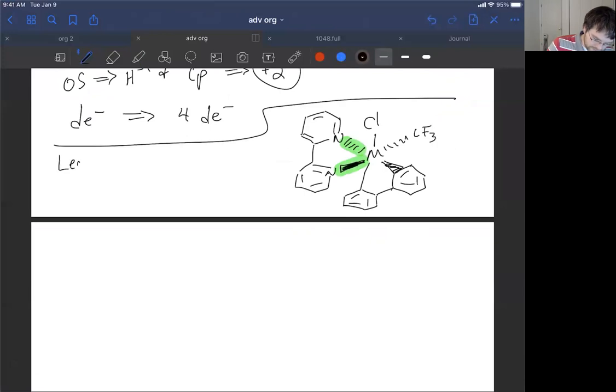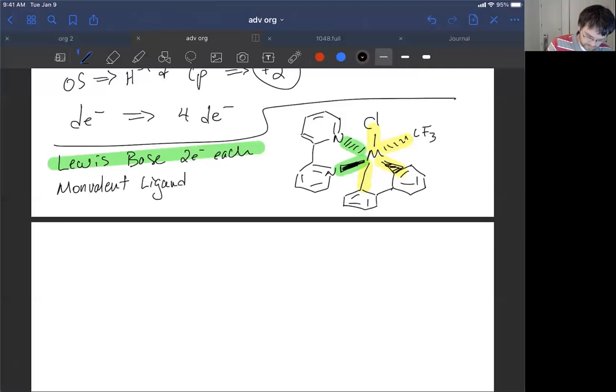So these are Lewis base ligands with 2 electrons each. And then we've got a bunch of monovalent ligands here. I have 1 electron each.